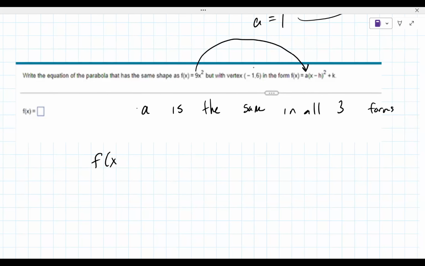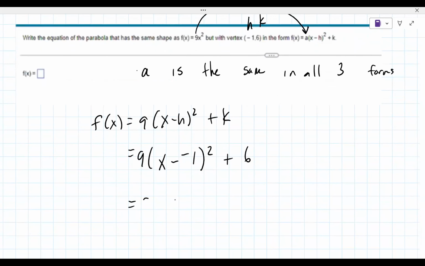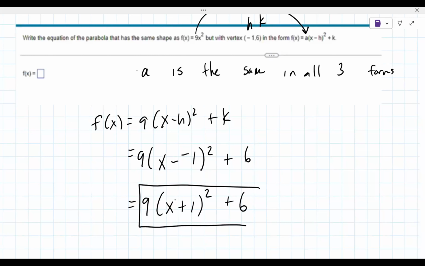So it's really f of x equals 9(x minus h) squared plus k. And then they give you an h and a k. So it's 9(x minus -1) squared plus 6. Double negatives end up combining into positives. So it's 9(x plus 1) squared plus 6. This is the part that goes in the box.